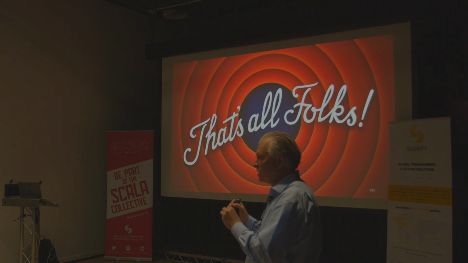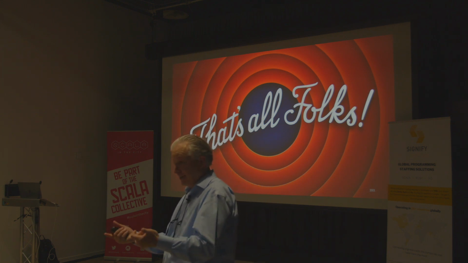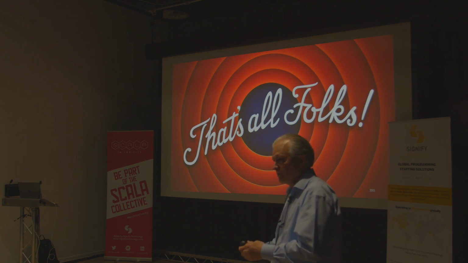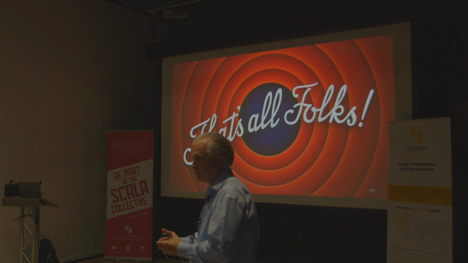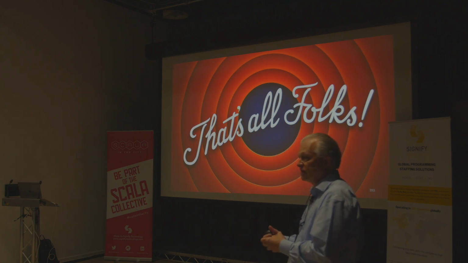Because fold is going to use the default monoid, and that's why it's safe. But in plain vanilla Scala, there is no default monoid. So if you fold an empty collection, you're going to get an exception. But anyway, that is how fold is defined at the moment.